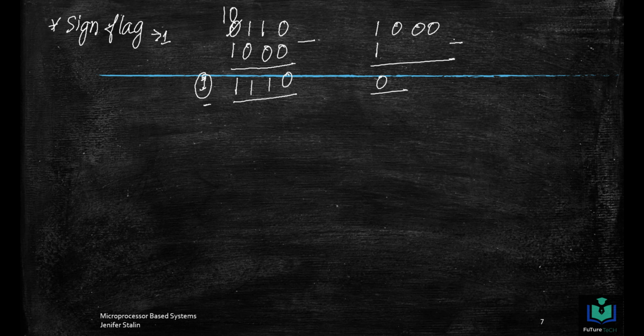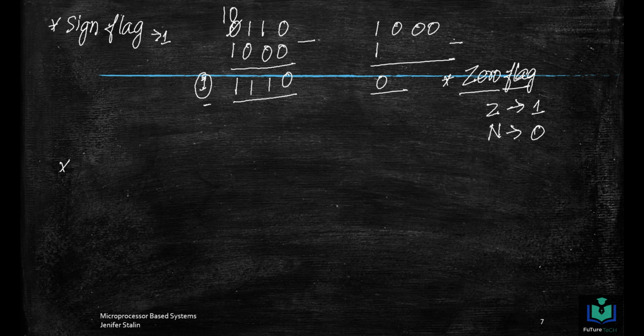But in the case of the zero flag, when the arithmetic operation results in 0, the zero flag, that is Z, will be set to 1, because the arithmetic and logical operation is resulting in 0. So the zero flag will be set, but the negative flag will be 0. Okay, so we have learned about the sign flag and the zero flag.